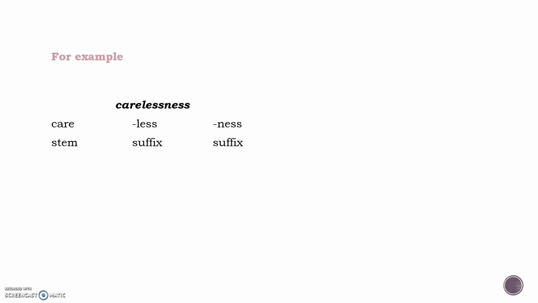The stem is care and the suffixes are -less and -ness. Care is described as a free morpheme because it can stand alone, and -less and -ness are described as bound morphemes because they cannot stand alone.